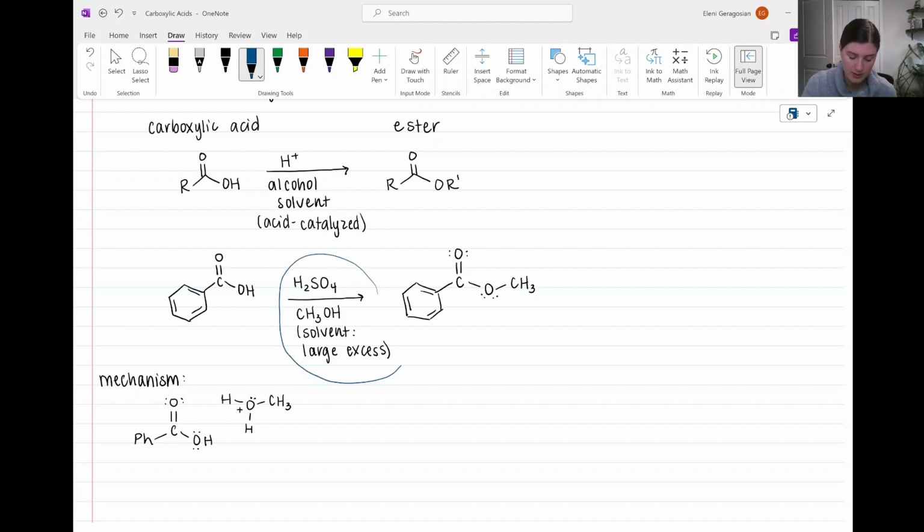So all of this here implies that we have CH3OH and CH3OH2, positively charged oxygen, both of these are present. Okay, so we'll use both of them throughout the mechanism. For the first step, when we are protonating the carbonyl oxygen, we use protonated methanol because that is a better proton donor.